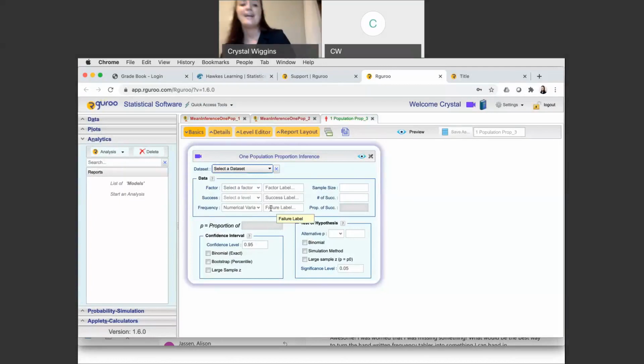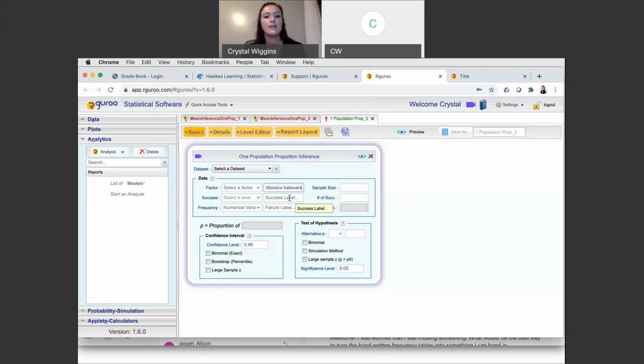So my factor, I need a factor label, even though I don't have a data set. So my factor label is going to be, let's see, what were we working in again? Oh, antibiotics believers. So antibiotics, and we're talking about believers.